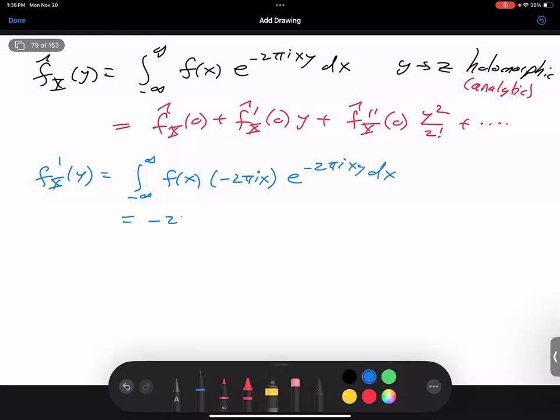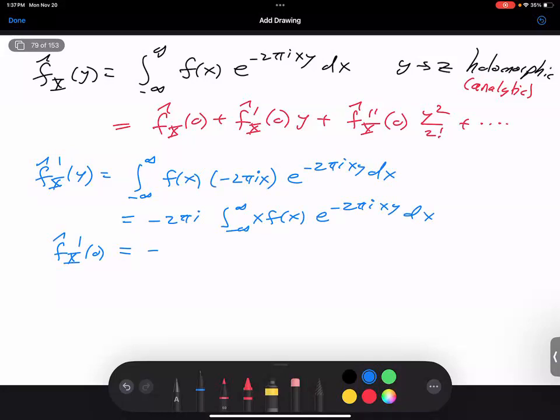I can pull out a negative 2 pi i, and I have the integral from minus infinity to infinity of f of x, with the x over here, e to the negative 2 pi i x y dx. So what would the derivative at 0 equal? It would be the derivative of the Fourier transform, which means that there's a hat. Oh, yes, there should be hats here. Yes, thank you. I'm dropping a lot of hats today.